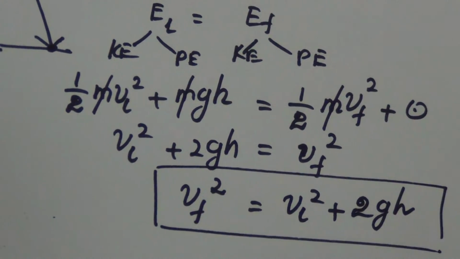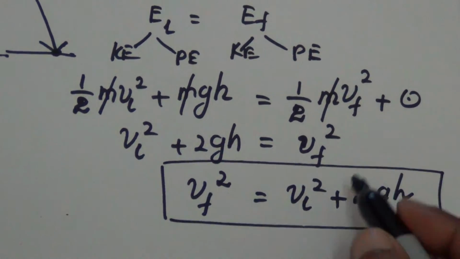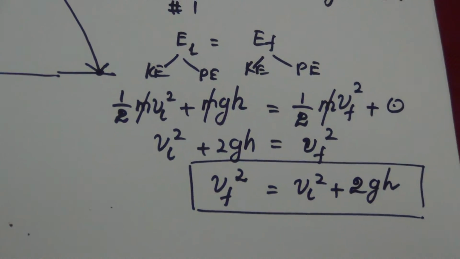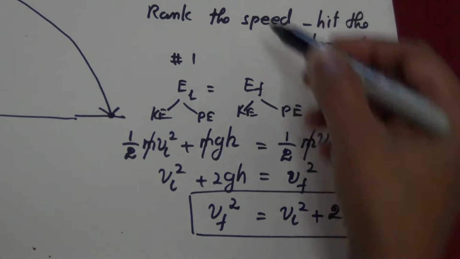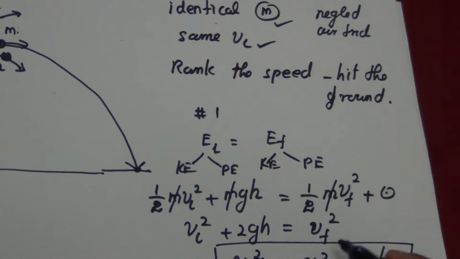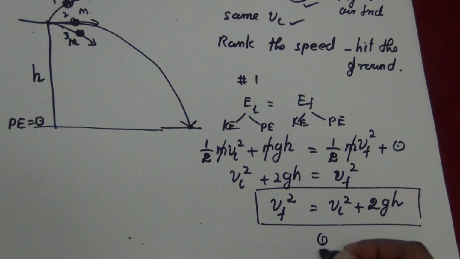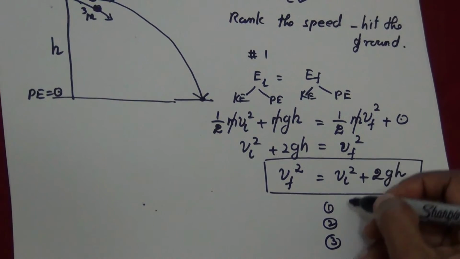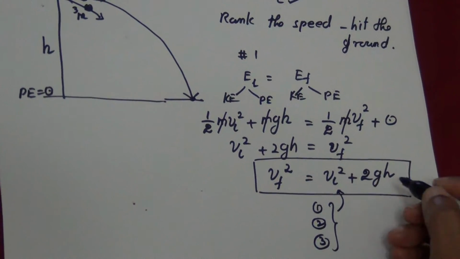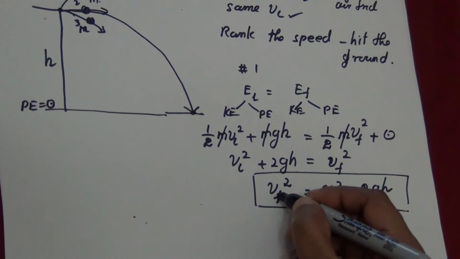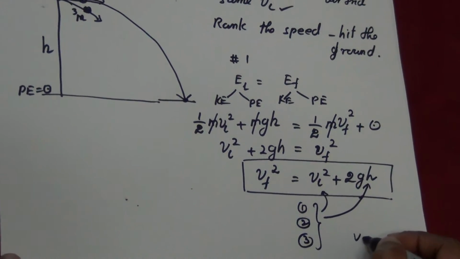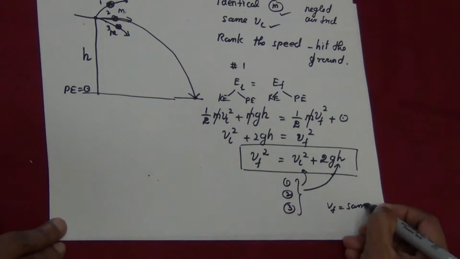So this equation does not depend on mass, but anyway the 3 masses have the same VI, and they are all thrown from the same h. So the final velocity is going to be the same for all.